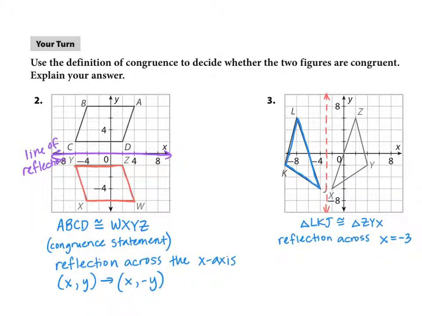So if I reflect this triangle so that it's facing the other way, you can see that this triangle is exactly the same distance away from this line of reflection that I drew. This line is the line x equals -3 because all of the points on this line have an x coordinate of -3. So that's how I get that.